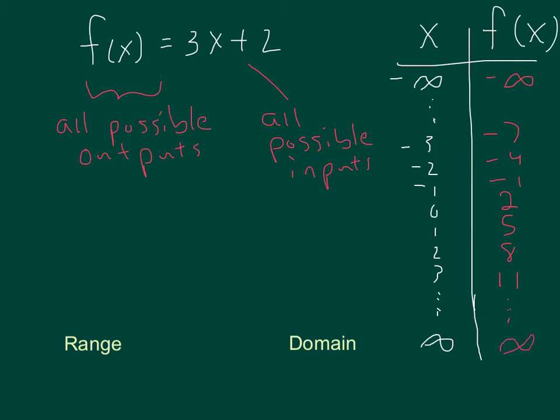Now, what we want to do is consider both of these columns one at a time. First, let's consider all of the x values. All of the possible inputs that we could put into this function, we're going to refer to that as the domain. And all of the possible outputs, this list on the right side, we're going to refer to that as our range.